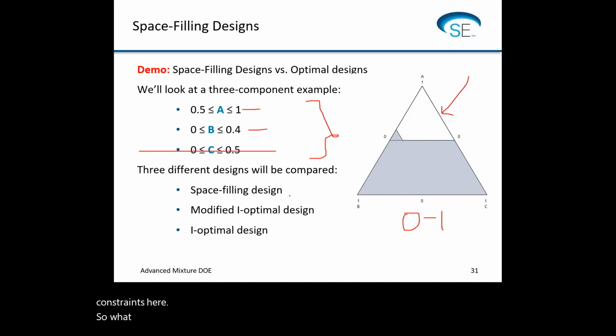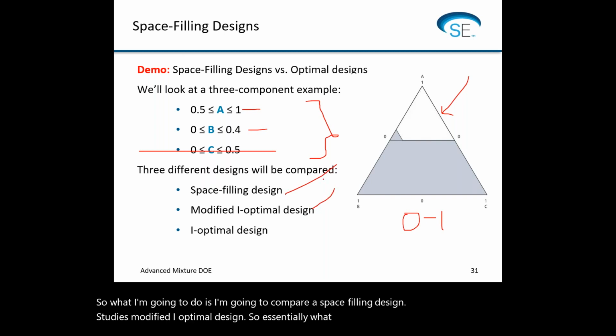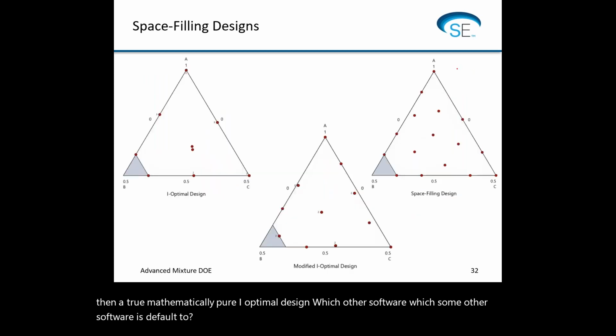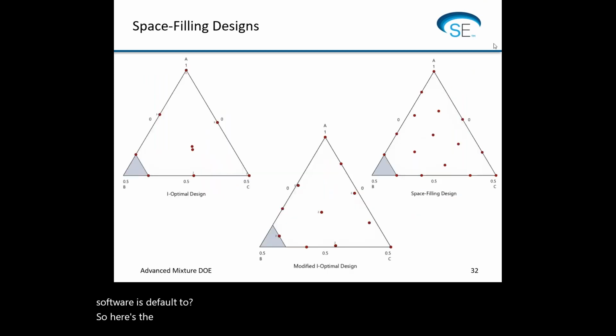So what I'm going to do is compare a space filling design, a modified optimal design, essentially the default design we recommend, and then a mathematically pure optimal design, which some other software defaults to. So here they are.